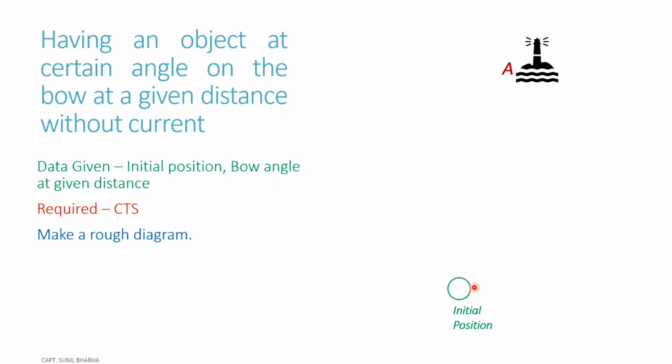So, for the sake of the rough diagram, I will plot one course here, which should be my CTS. I don't know what my CTS is, that's why this is just a rough diagram. Also, I put it in red color, indicating that this is something we need to find out.